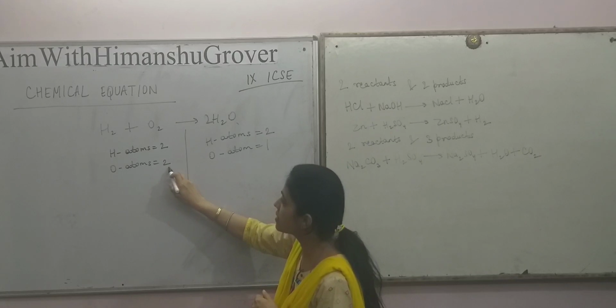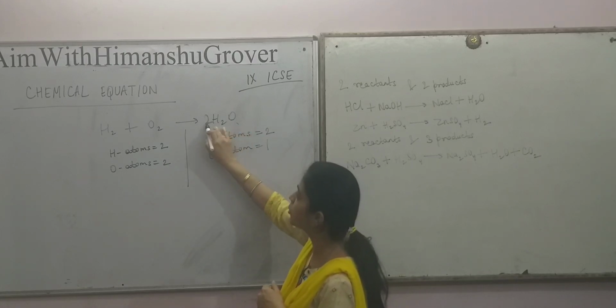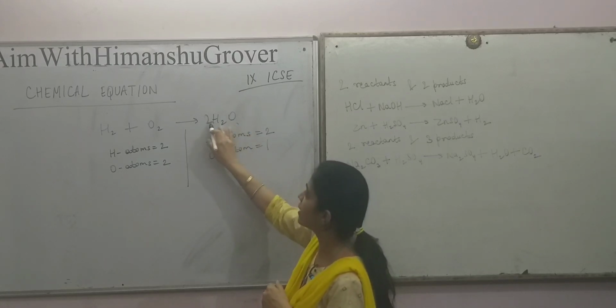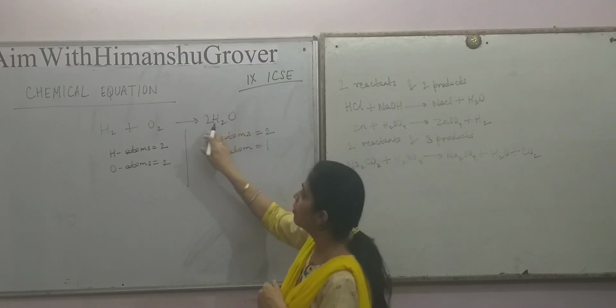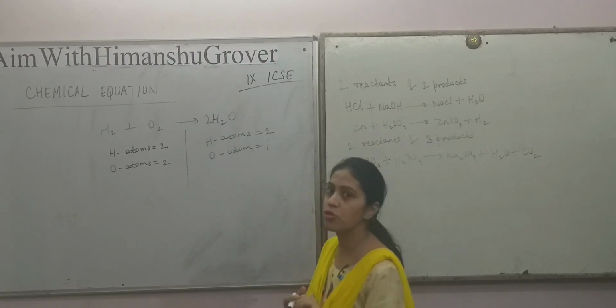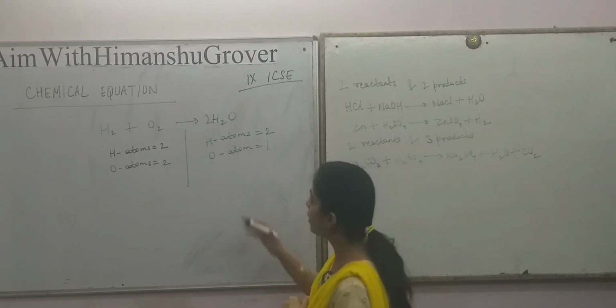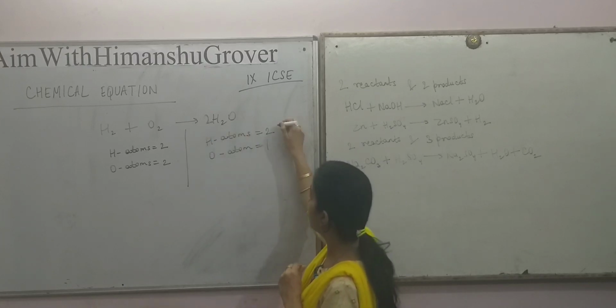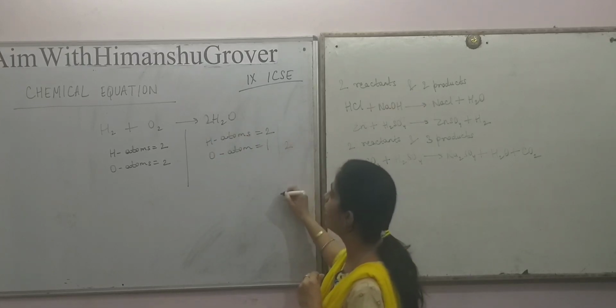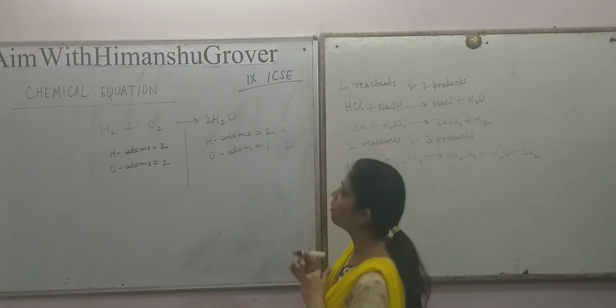यहाँ 2 थे ऑक्सीजन एटम, अब हमने यहाँ जब 2 लगा दिया तो ऑक्सीजन एटम हमारे कितने हो गए? 2. ऑक्सीजन एटम हो गए 2. But hydrogen atom is also changed now. The hydrogen atom on the right hand side becomes 4. ऑक्सीजन तो अब 2 हो गया, but हाइड्रोजन कितना हो गया? 4.